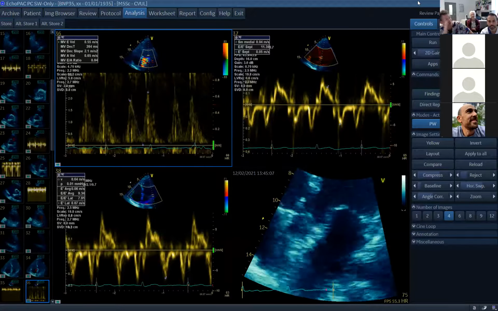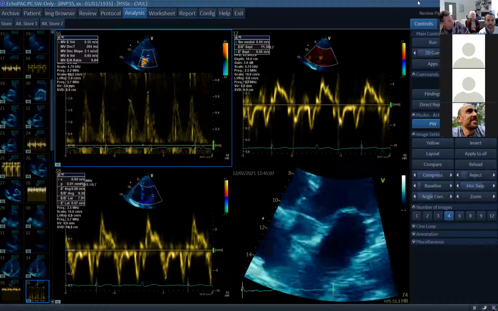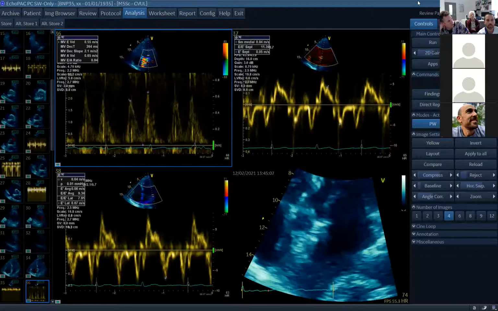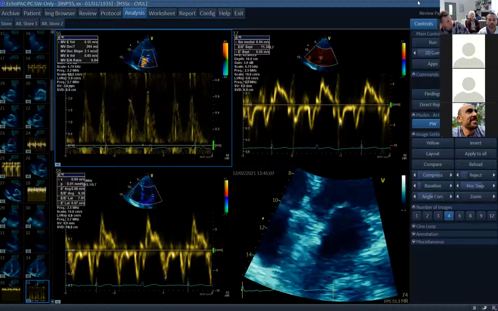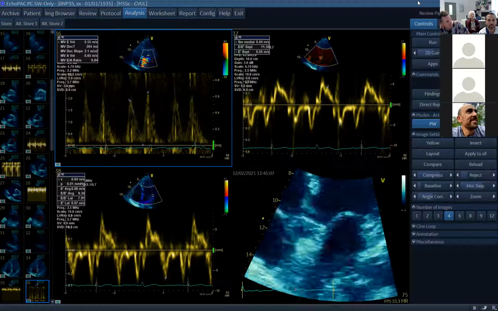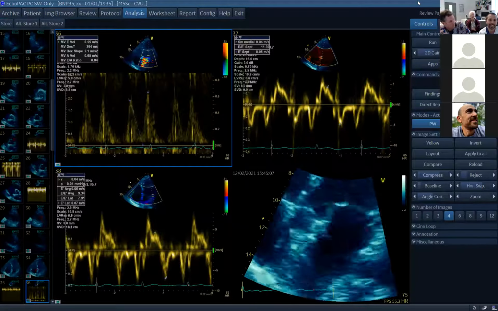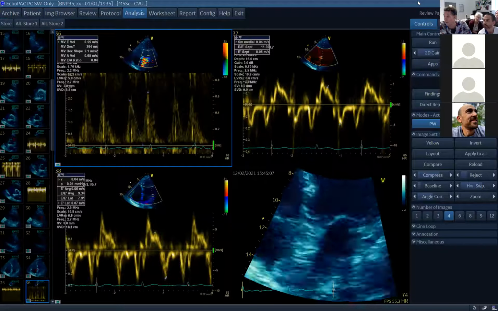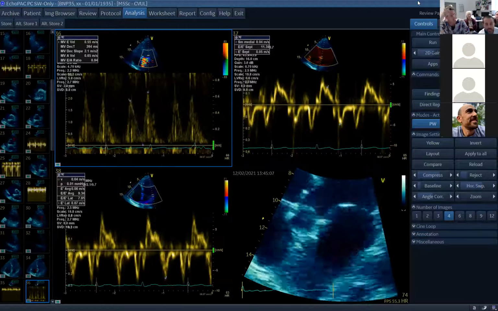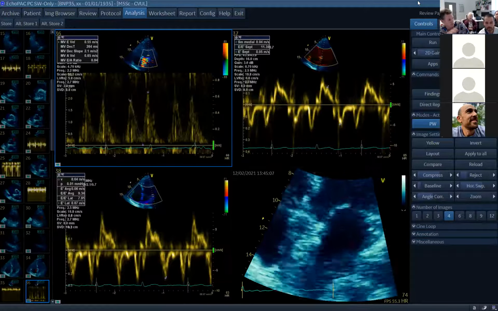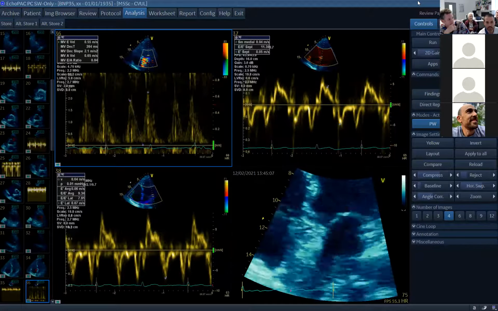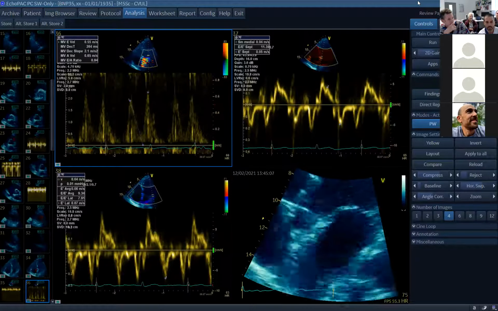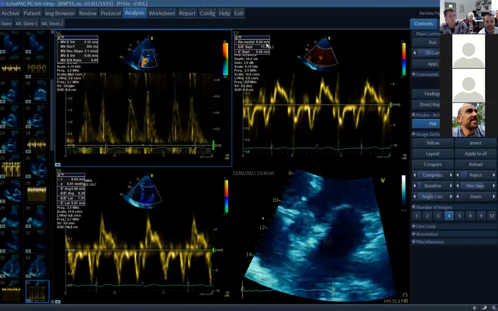What else is on that table that's really important with this patient? After we say that they've got mild diastolic dysfunction, the next thing is left atrial pressure. Normal or raised? His left atrial pressure is indeterminate.